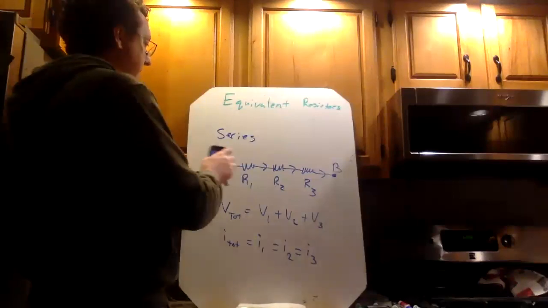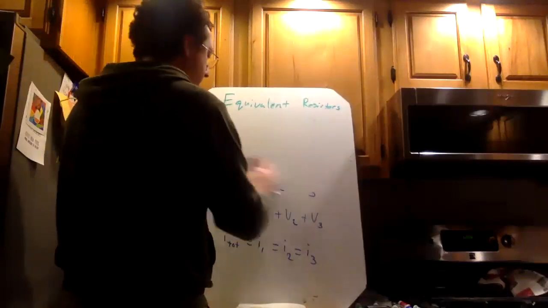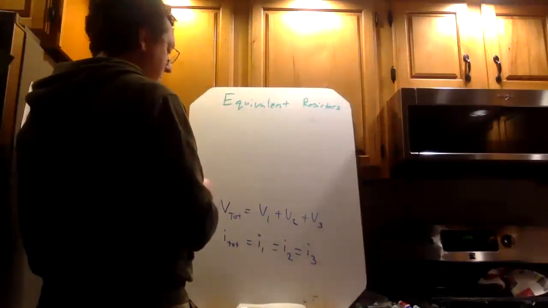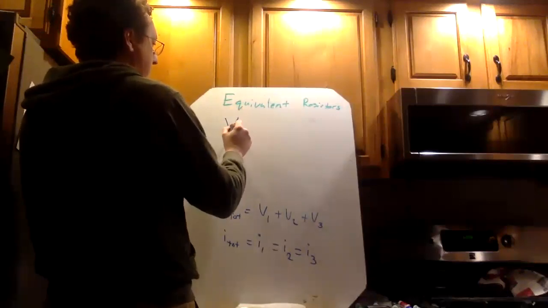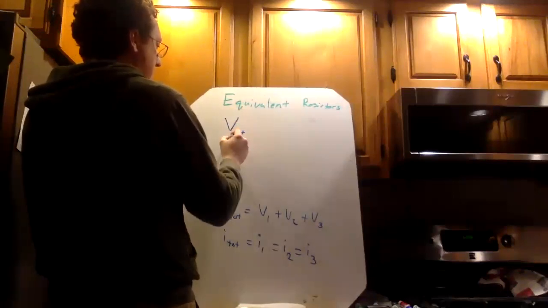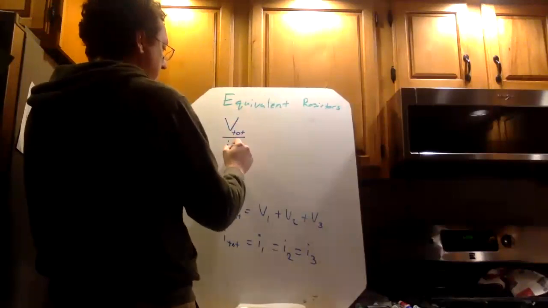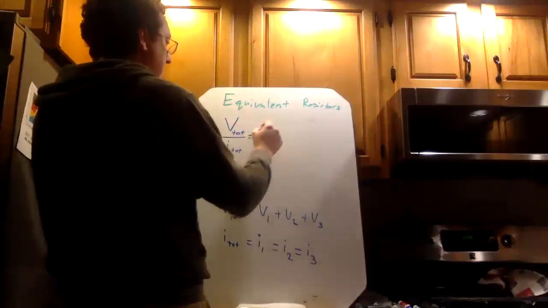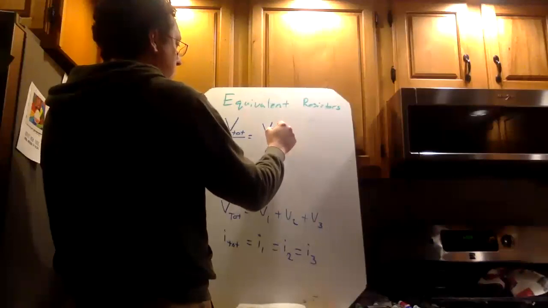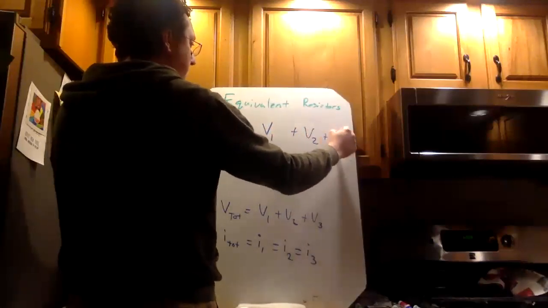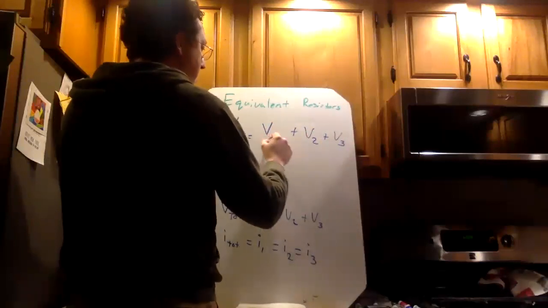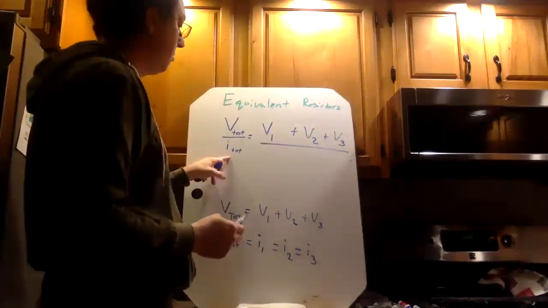So taking that strategy for those resistors, I would say, okay, the total voltage drop divided by the total current equals the voltage drop through 1 plus the voltage drop through 2 plus the voltage drop through 3, divided by the total current.